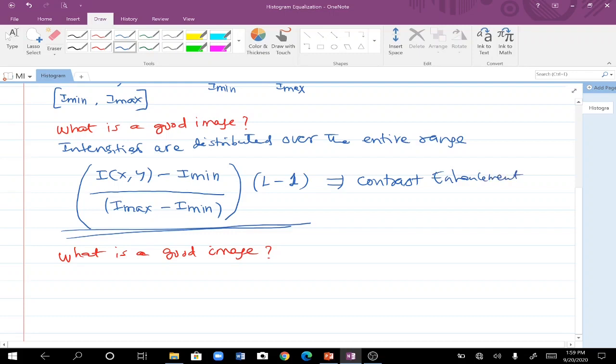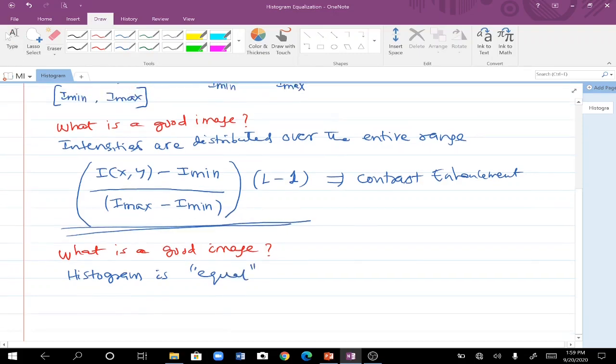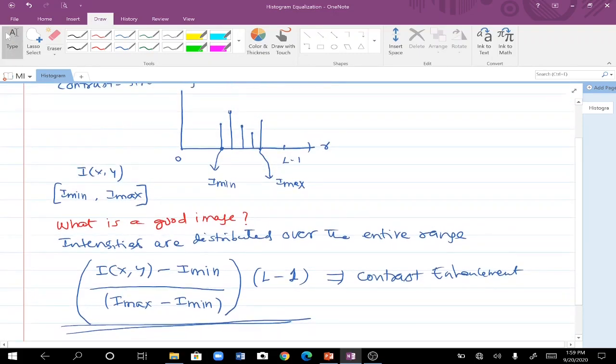Now we are assuming that when we have a good image, the histogram is equal. That's what we roughly mean here, and we say it's a good image.